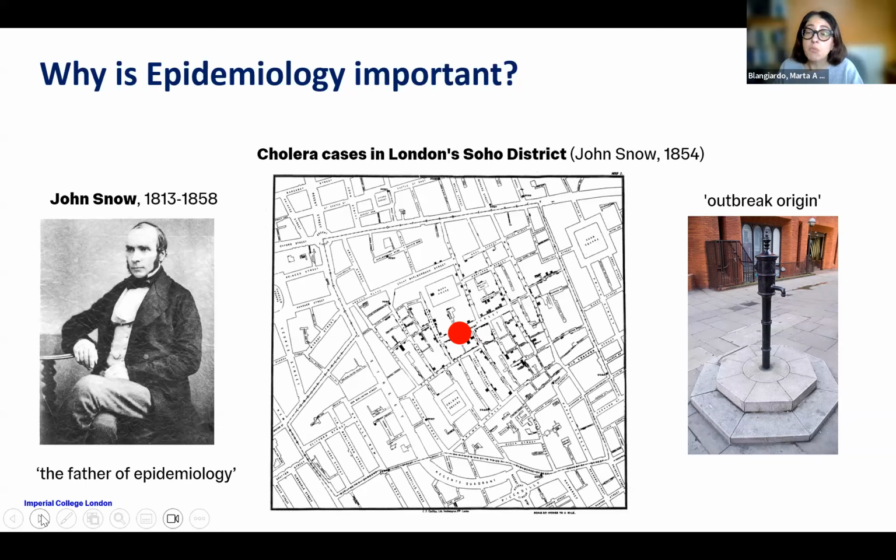So really, it was the first epidemiological investigation, and I would always add, it is also the first spatial epidemiology investigation because it was really using a map to try and connect cases with some point sources. And this is also something that we cover during the program, as we have a module in spatial epidemiology, basically. Next slide, please.